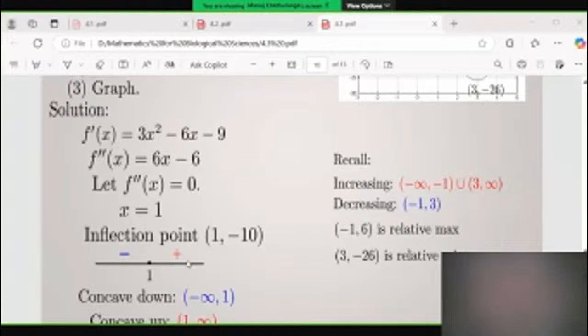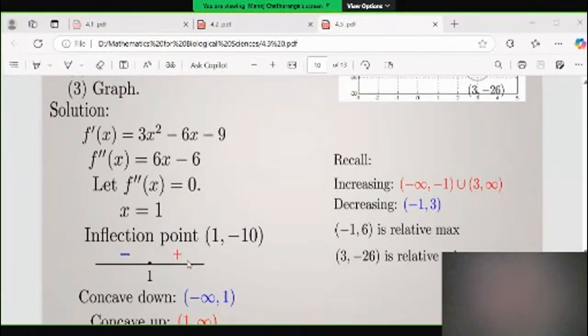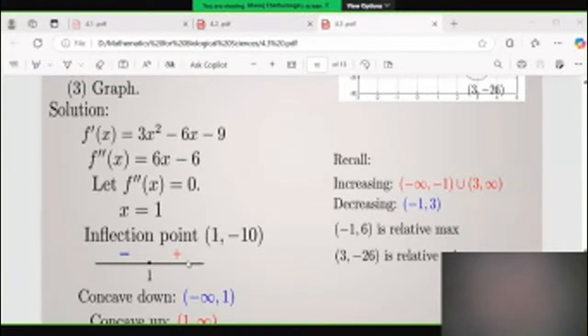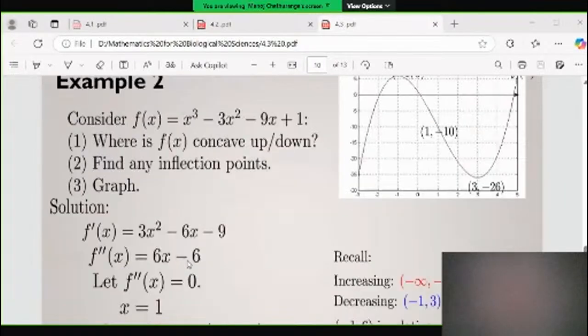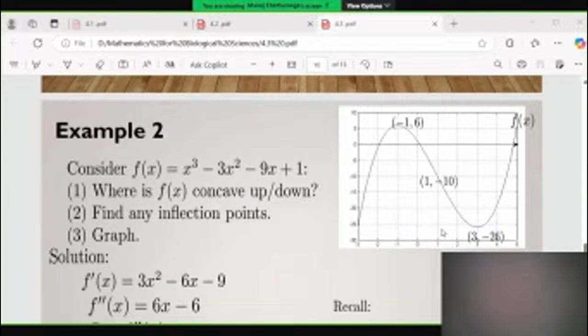Before 1, the second derivative is negative, and a negative second derivative means it is concave down. The graph is looking downward. And after 1, it is concave up. The function is looking upward. You can see it from this picture.